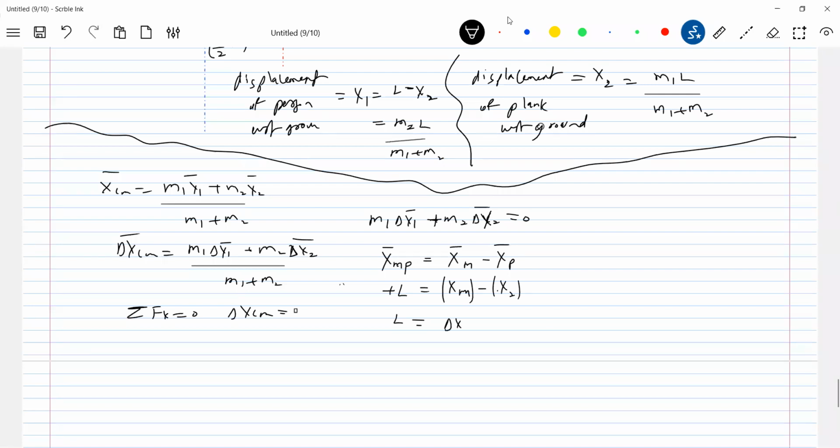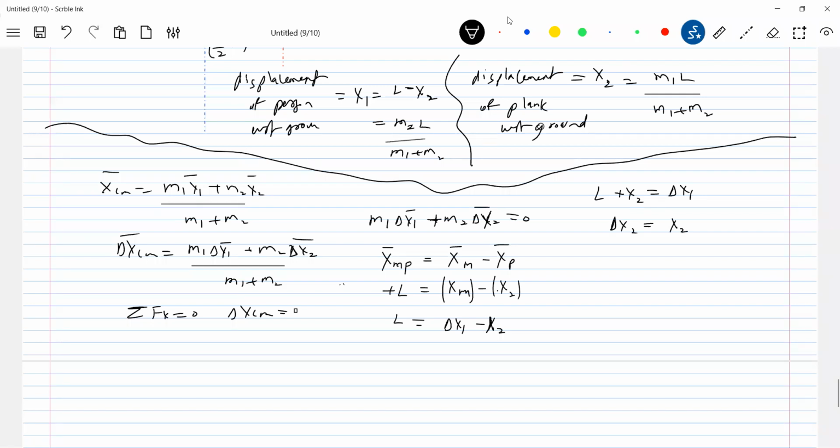I'll write it delta x1 minus x2. So what is delta x1 now? L plus x2. And delta x2 is displacement of the plank with respect to ground, and that should be x2.